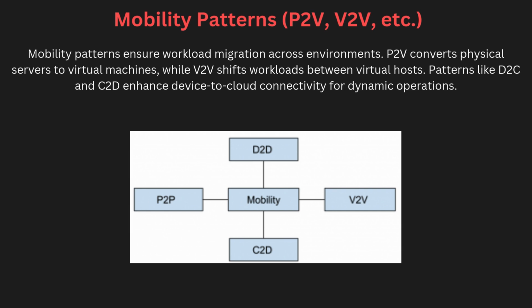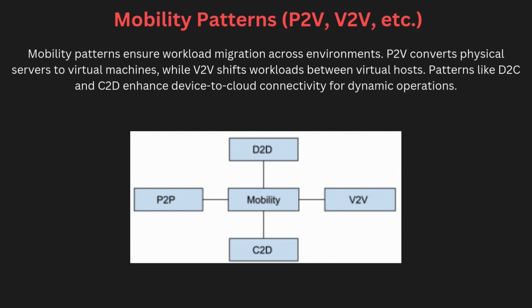V2V, virtual to virtual, allows migration between virtual environments, supporting disaster recovery or load balancing also. P2P, or physical to physical, involves direct data transfer between physical systems, ensuring minimal downtime.